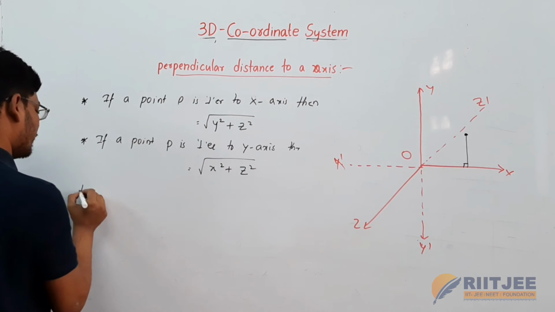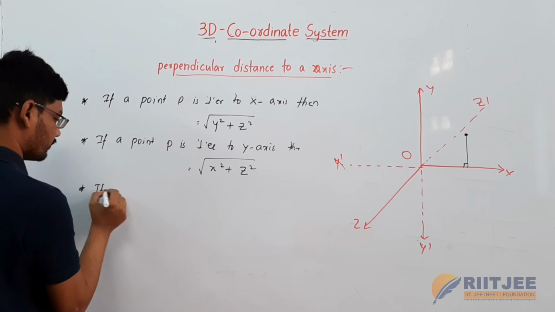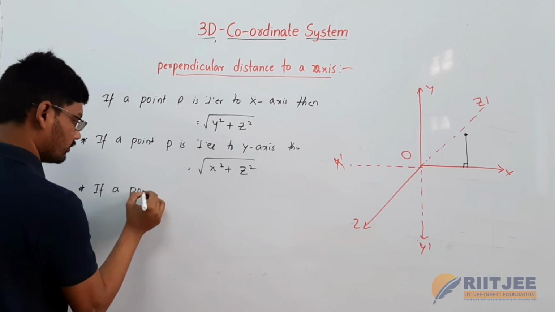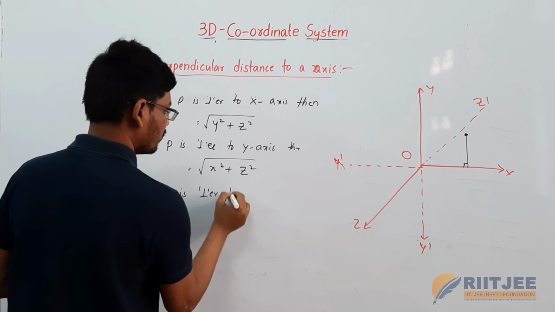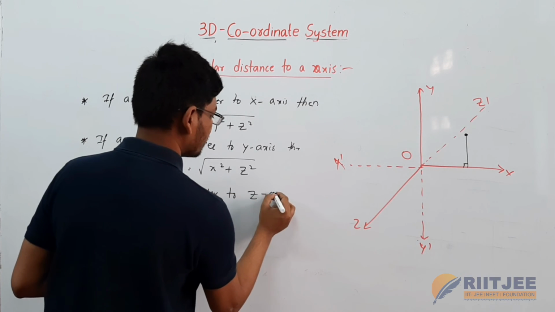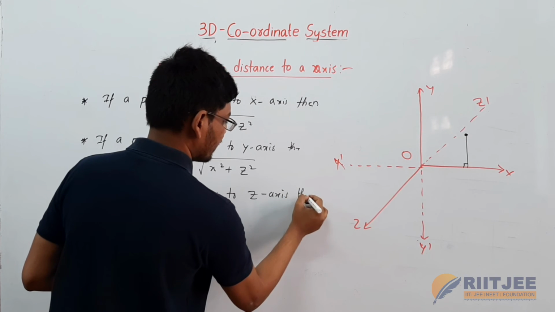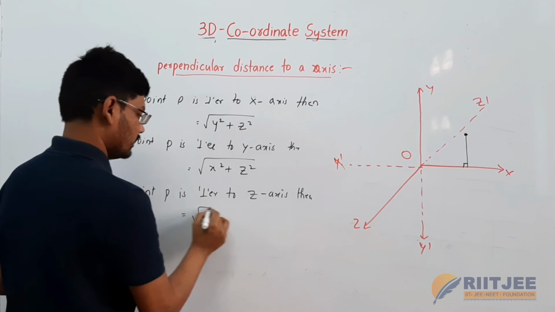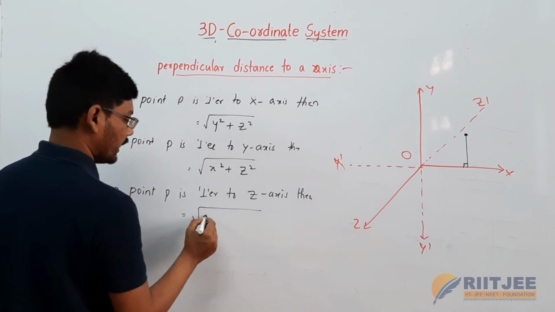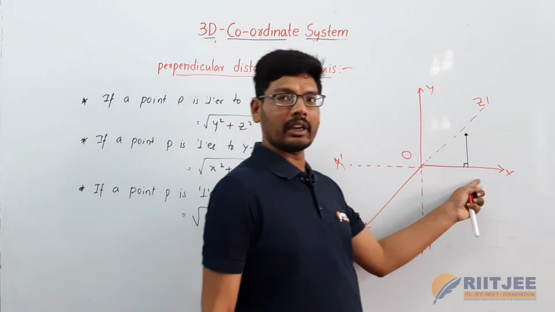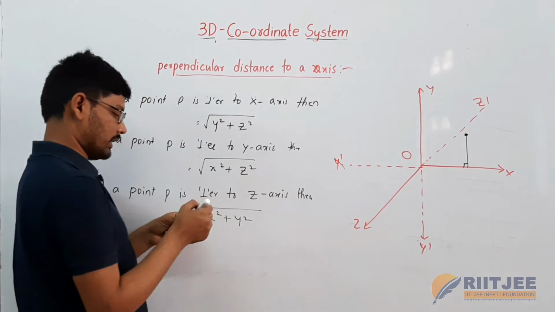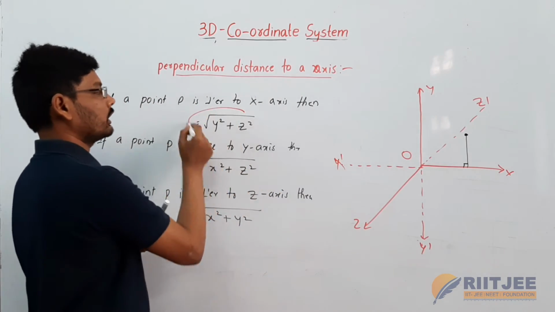And if a point P is perpendicular to the z axis, then the distance is the square root of x square plus y square. Here, if a point is perpendicular to the x axis, the value is the square root of y square plus z square.